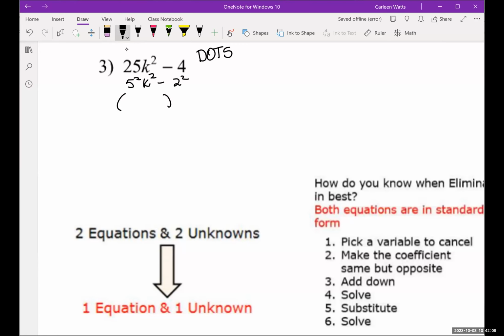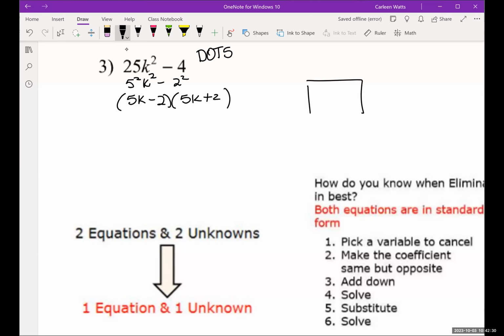Okay, so 5k minus 2. And what's the other one? No. 5K plus 2? Okay, why is that a plus?